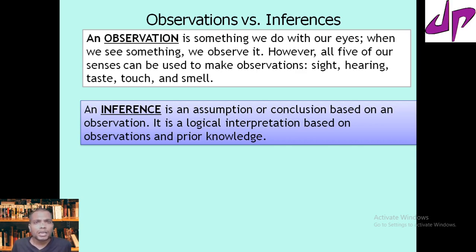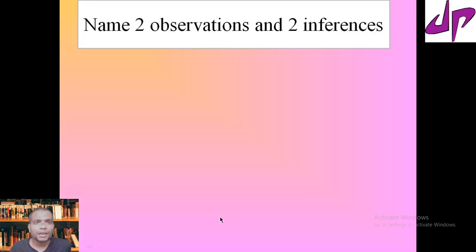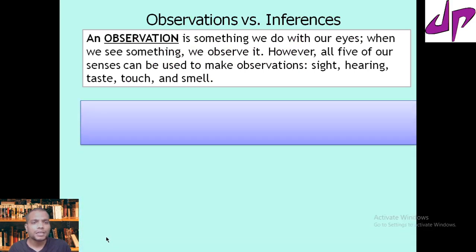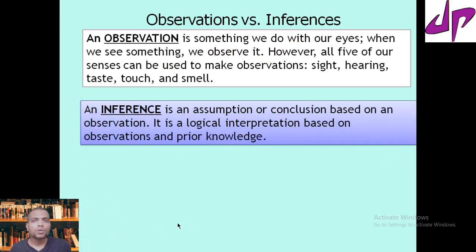And to give that answer, if you bring some logical interpretation, we will consider that an inference. So inference is different from observation. It's a logical conclusion or logical interpretation based on prior knowledge.